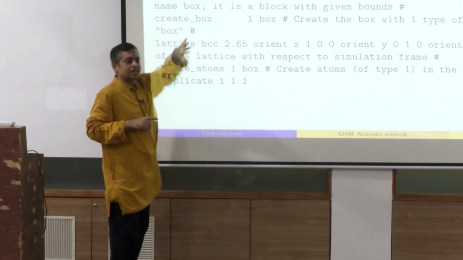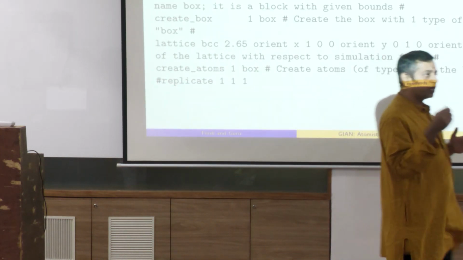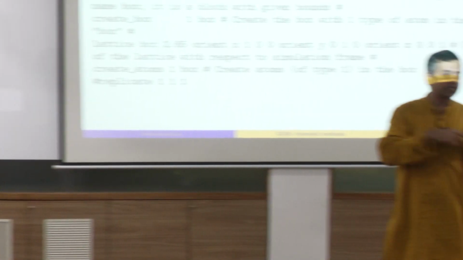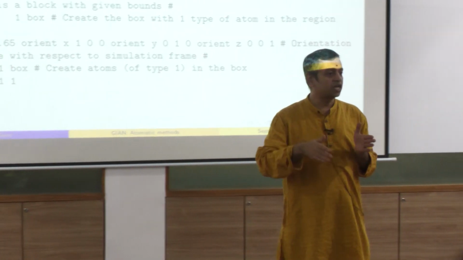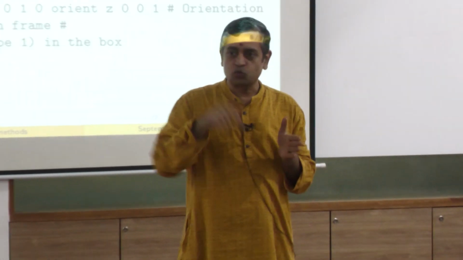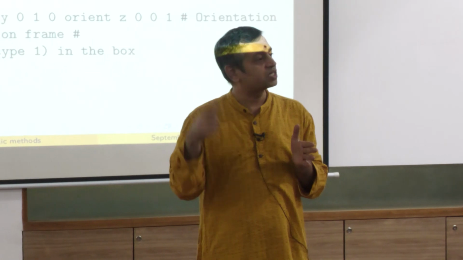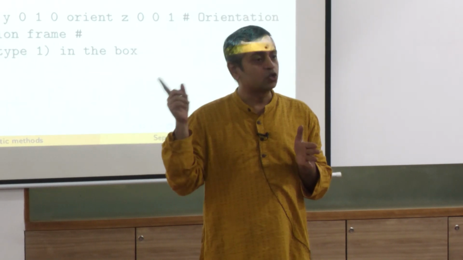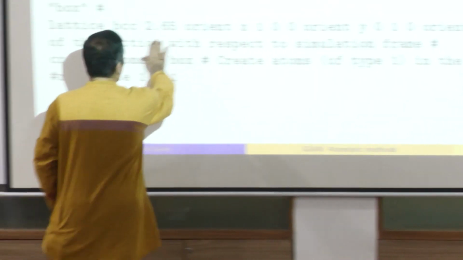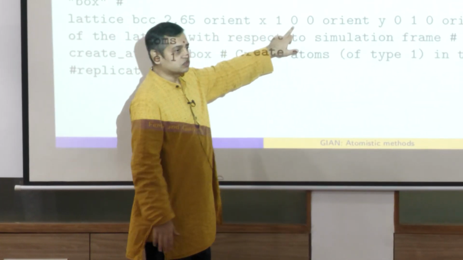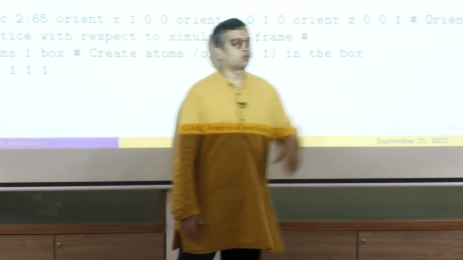Because it is a BCC lattice, you also have to tell what is the orientation of the unit cell of that lattice with respect to the simulation frame of reference. X, Y, Z of the simulation frame are aligned along which directions of the BCC unit cell, that is what is given here. Orient x with 1 0 0, orient y with 0 1 0, orient z with 0 0 1.